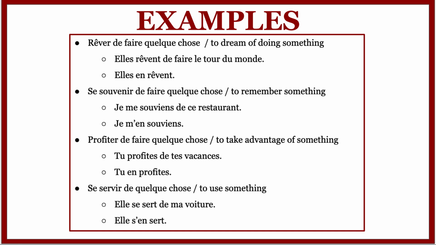There again, reflexive pronoun, me, followed by en. You could say something like, je me souviens de toi. What does that mean? I remember you. Or, tu te souviens de moi? Do you remember me? Oui, je m'en souviens.